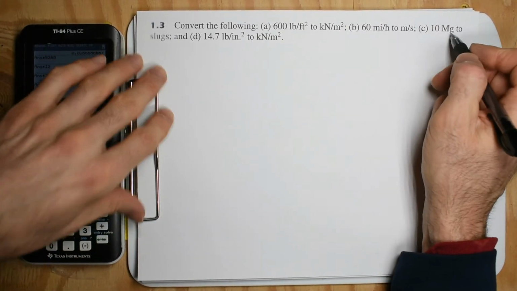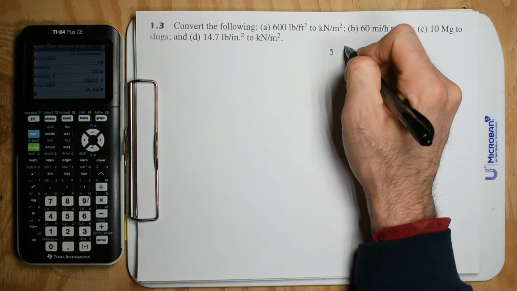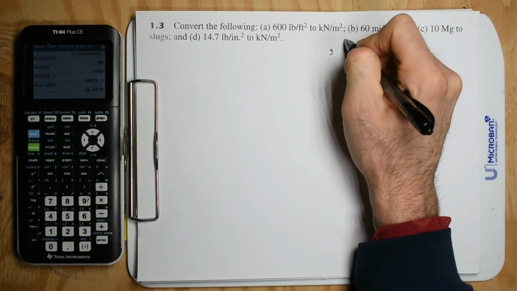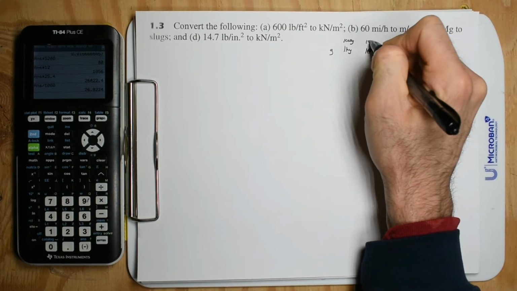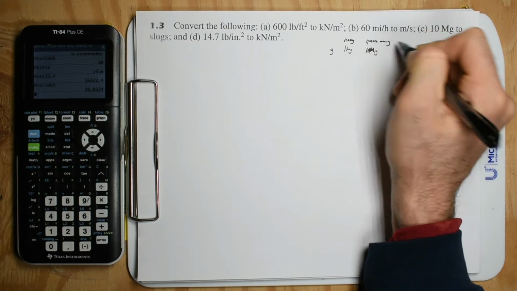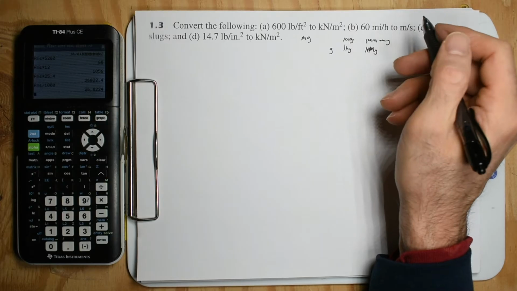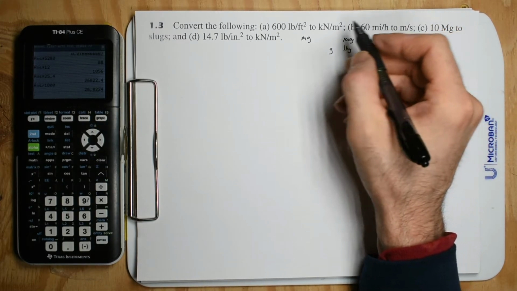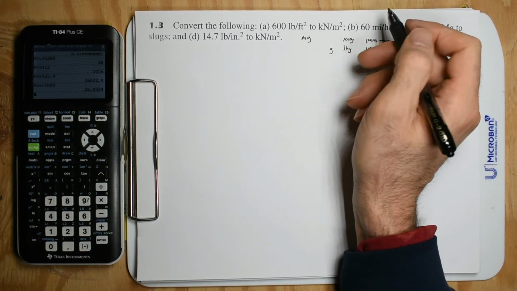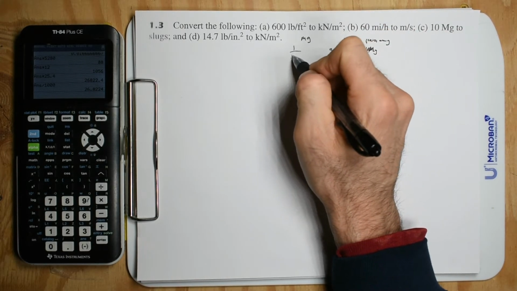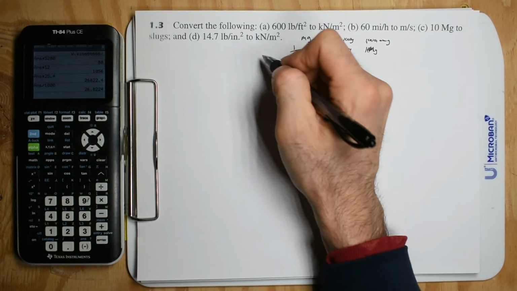So now we got 10 megagrams. So you got 1 gram, you got 1 kilogram, that's 1,000 grams, and then you got 1 megagram, and that's a million grams. You might have a microgram, and I think a microgram is just 1 over 1,000 grams.